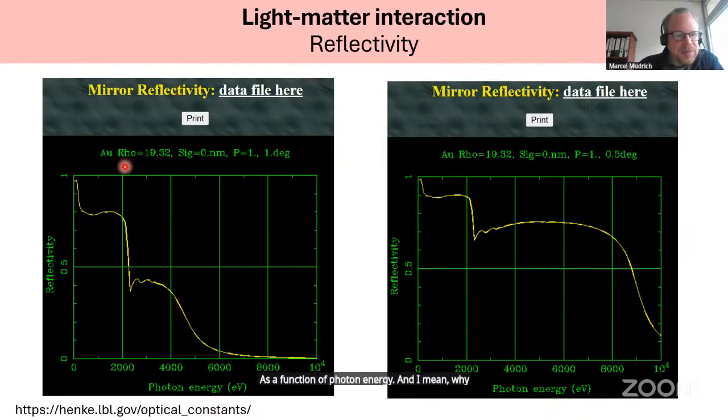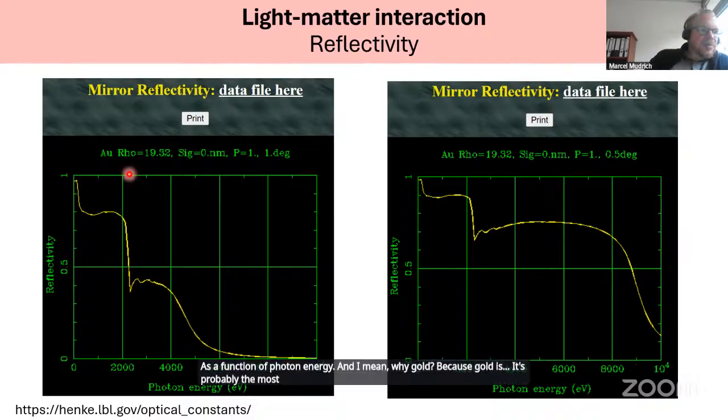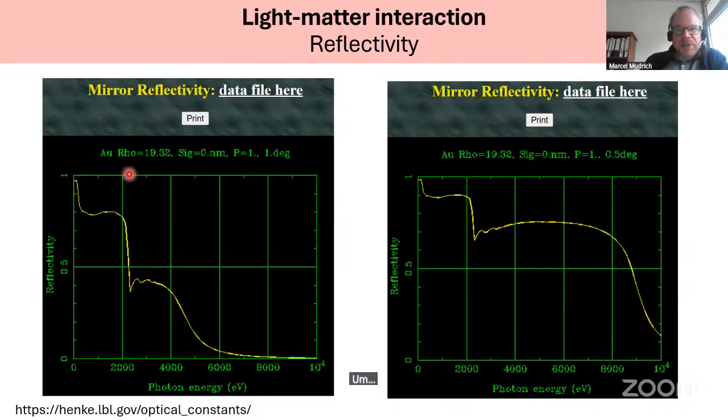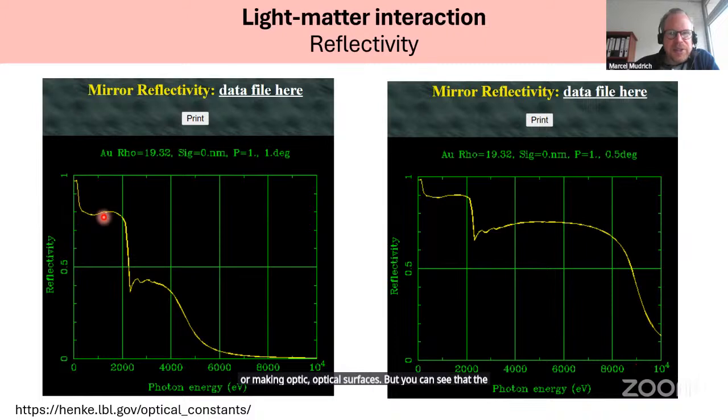Because gold is probably the most used material for building a mirror, because gold is very inert and can be made very flat and smooth. So it's very well suited for making optical surfaces. But you can see that the reflectivity is good in the range of, and that's for an angle of 1 degree.